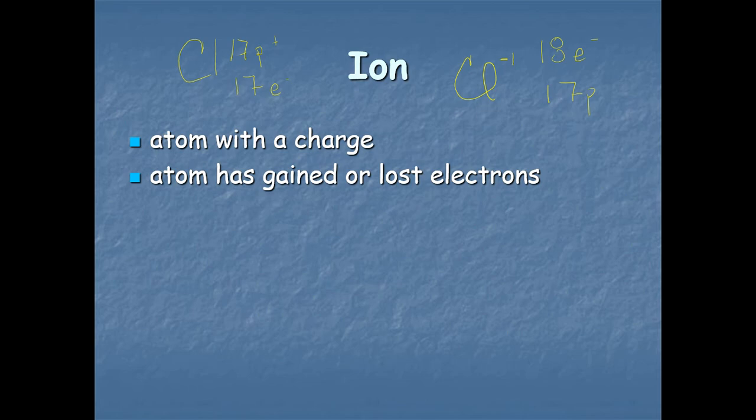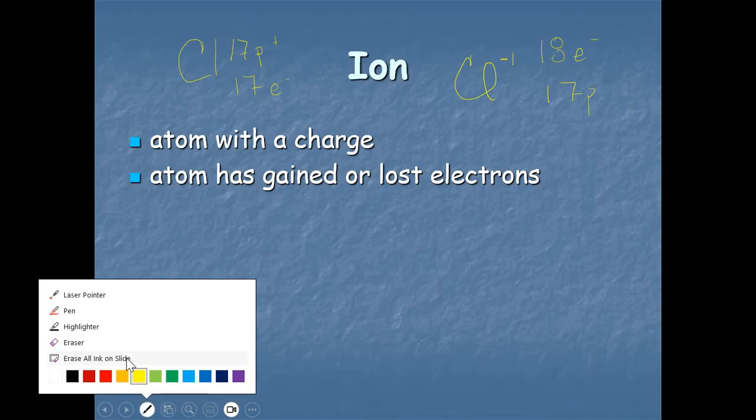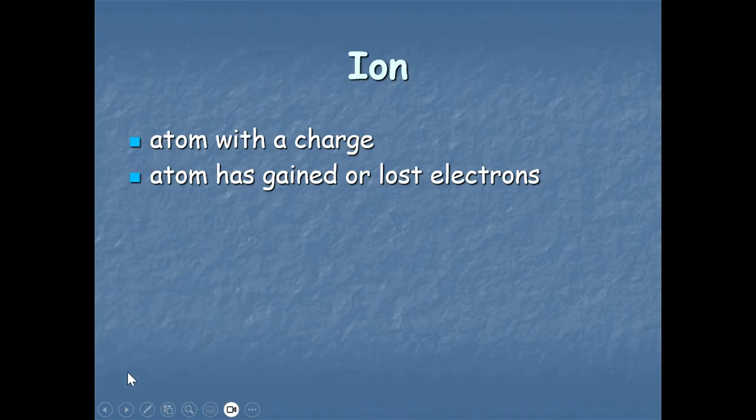You can do the same thing by losing electrons. A typical example there would be the atom of sodium. Sodium is Na, element number 11, so it has 11 protons and 11 electrons.